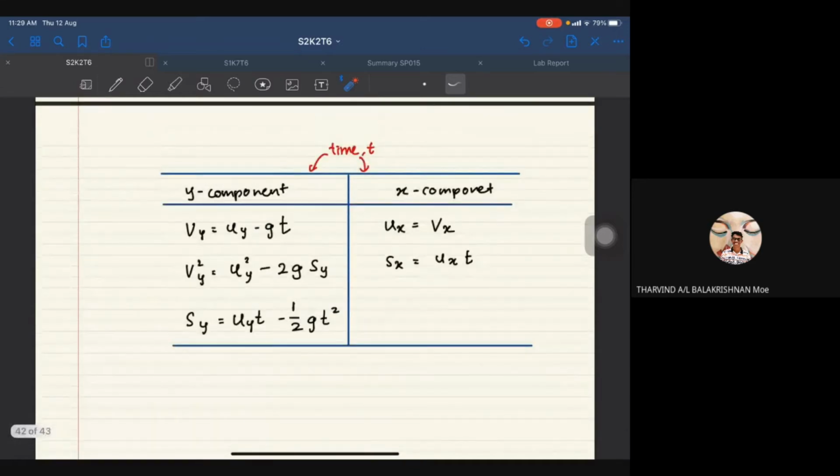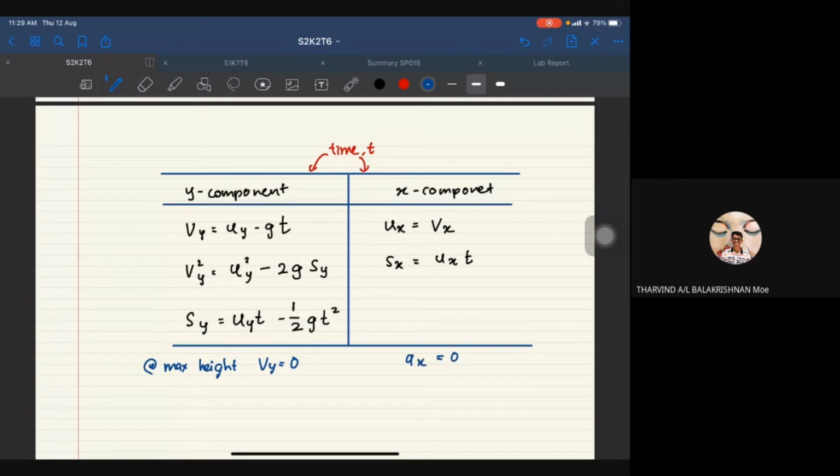Again, kalau tak nampak yang part ni tak apa. Don't worry. So, few key things. Maximum height. For this one, ax will always be equals to 0. Okay.